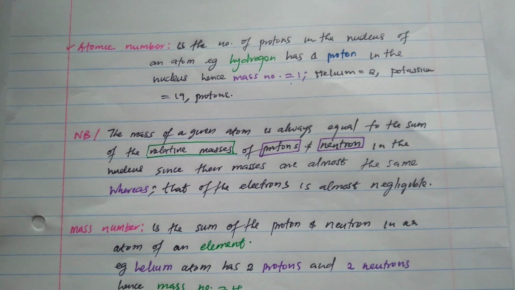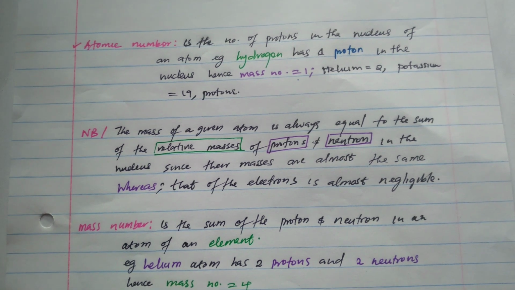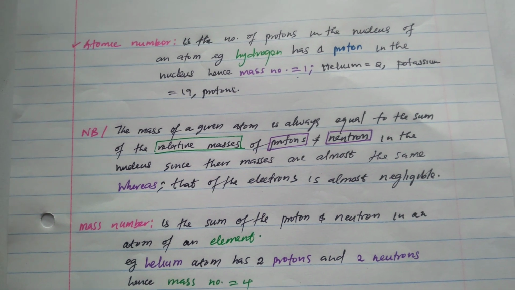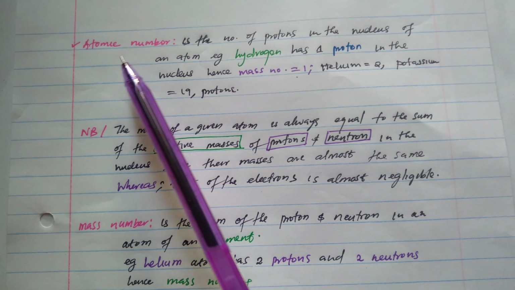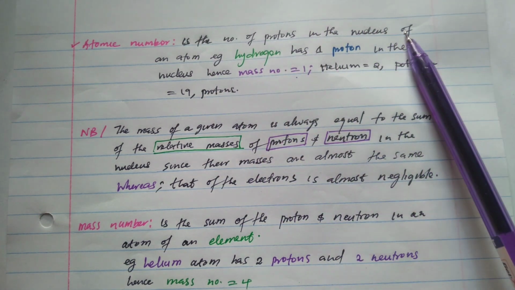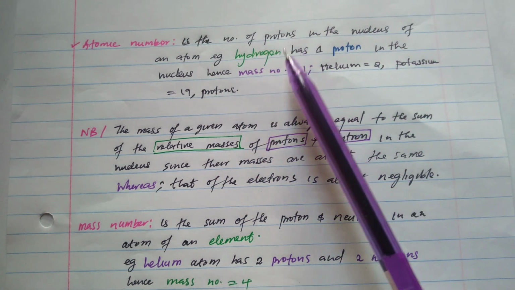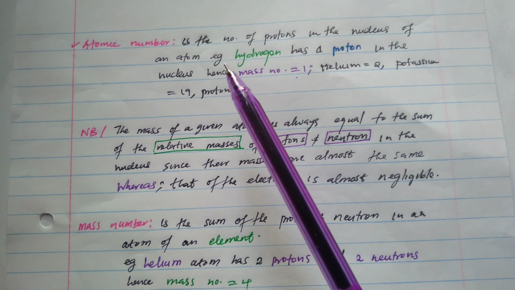So these key terms are very key for us to understand to be able to know how to study the structure of an atom when we are writing their chemical formulas. The first one is atomic number. It is the number of protons in the nucleus of an atom, e.g. hydrogen has 1 proton in the nucleus, right?